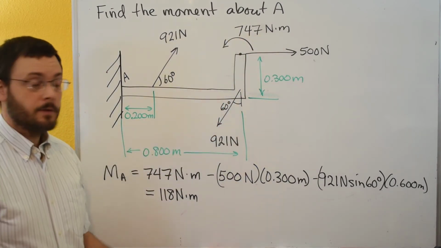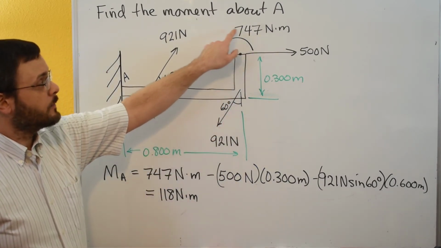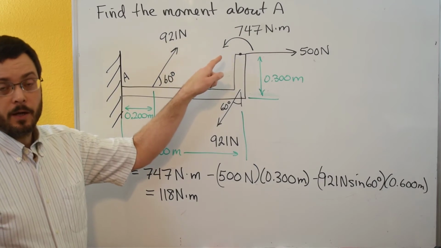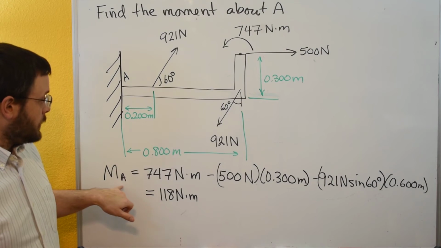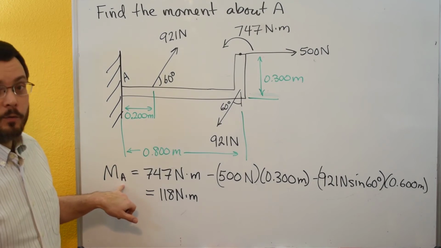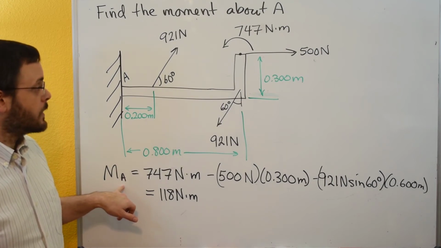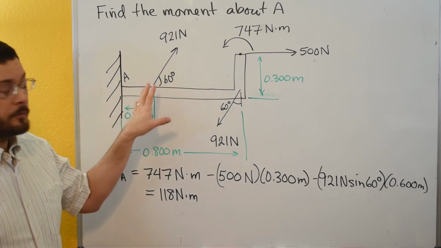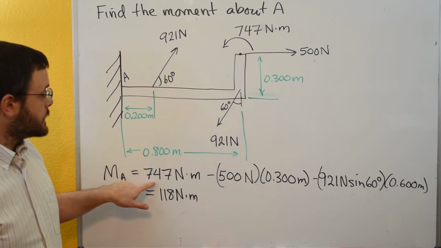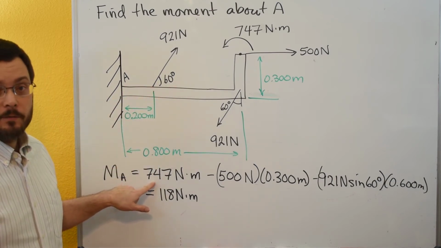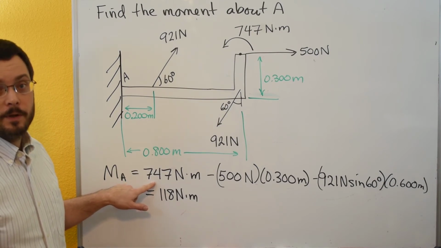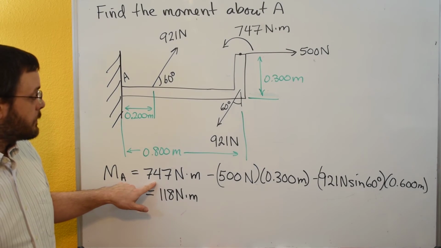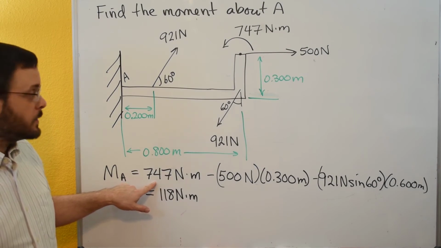We can also see that this curved arrow is going counterclockwise, and counterclockwise is positive. So even though we're looking at A over here, anytime we're doing a moment anywhere on or off the body, we're going to include this 747 newton meters as a positive contribution to the moments at that point. So we just stick it in here, positive 747 newton meters.